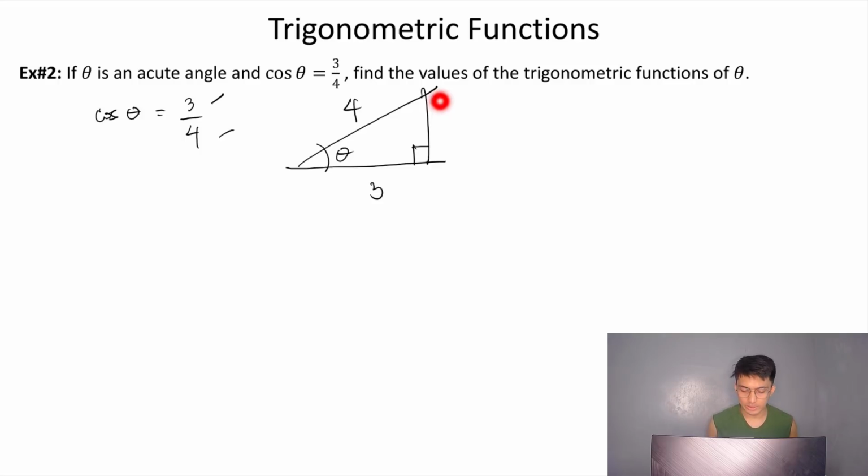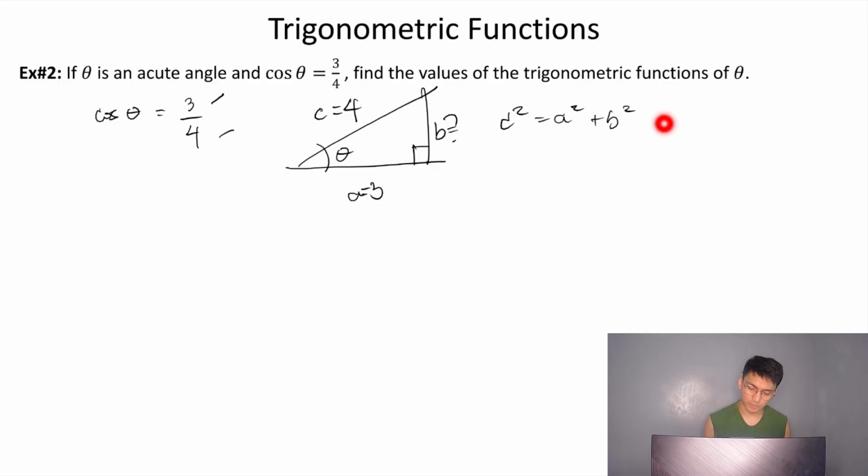Now, we solve for this side kasi hindi natin alam. So, paano natin isi-solve? Again, whenever there's a missing side of a right triangle, we use the Pythagorean theorem. Consider this as B. B unknown. This is A. This is C. Now, C square by Pythagorean theorem is equal to A square plus B square.